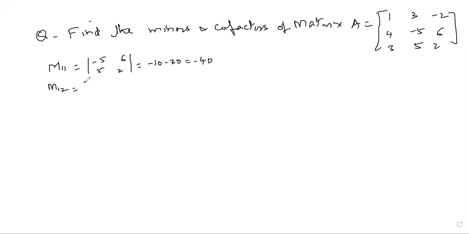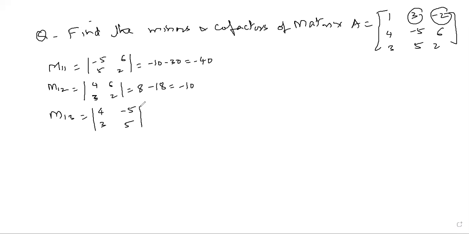Similarly M12 is 4 6, 3 2. 4 times 2 is 8, minus 6 times 3 is 18, so minus 10, M12. M13: leave this row and column, minus 5 3 5. 4 times 5 is 20, minus minus plus 5 times 3 is 15, so 35.